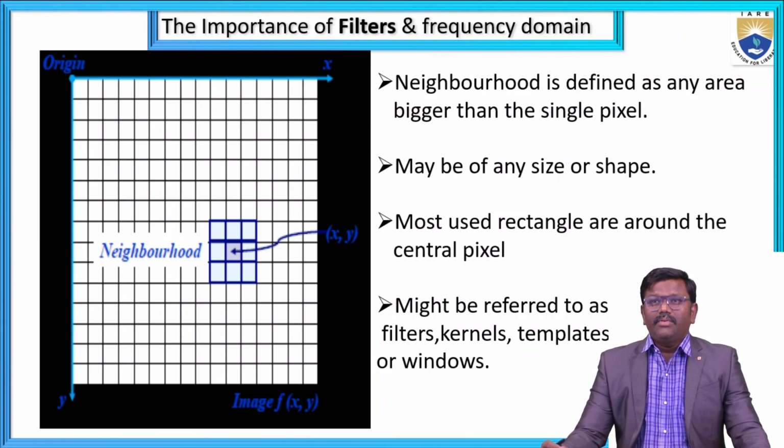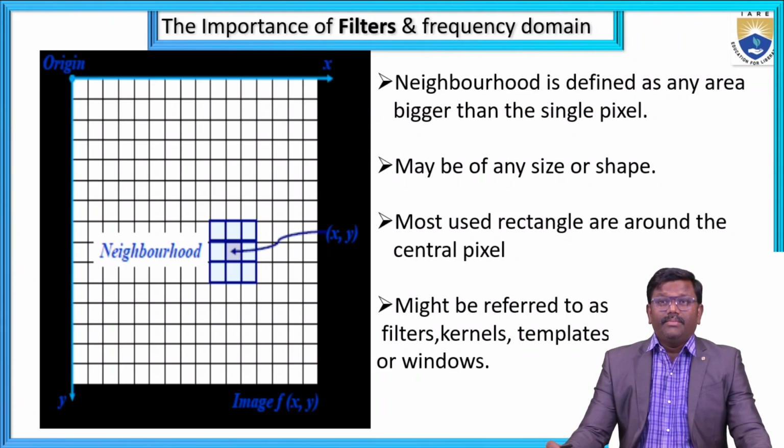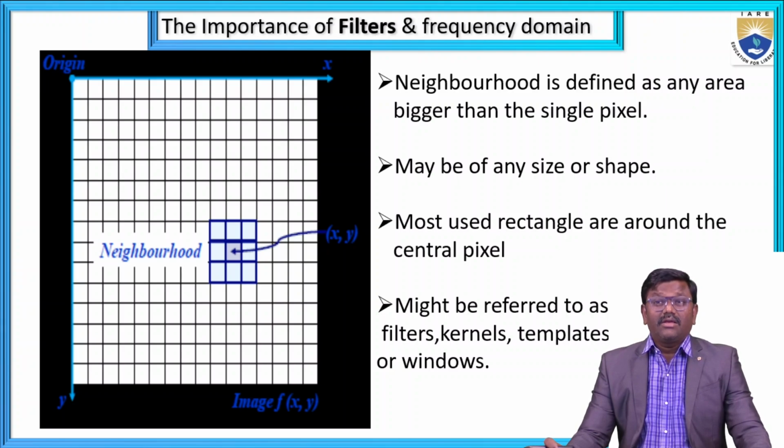That is, a neighborhood is defined as any area bigger than a single pixel, of any size or shape. Most often rectangular or round around the central pixel, it might be referred to as filters, kernels, templates, or windows.